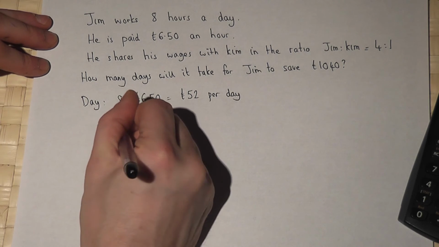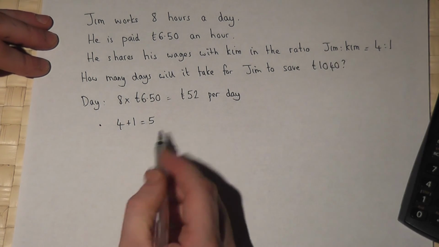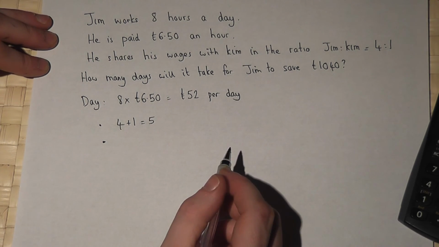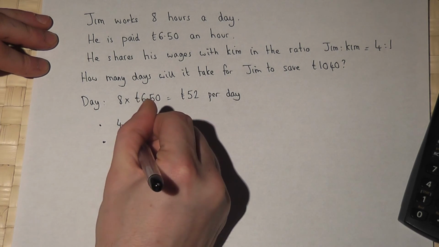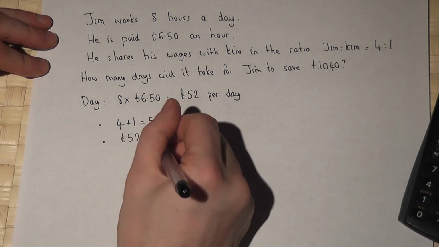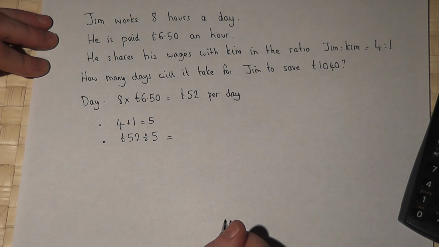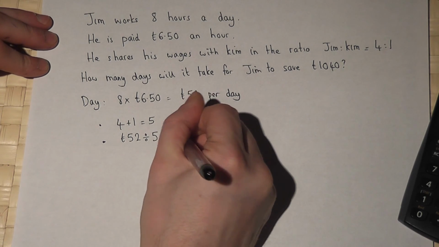Now if we do 4 plus 1 equals 5, so we add together the two parts of the ratio. If we then do £52 divided by this value of 5, that works out to be £10.40.